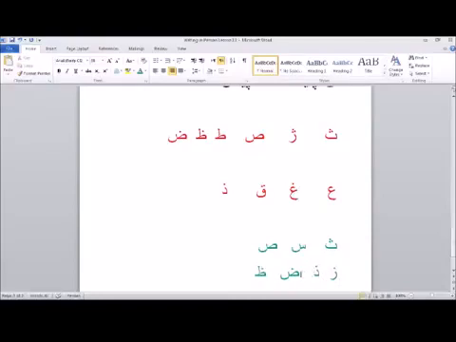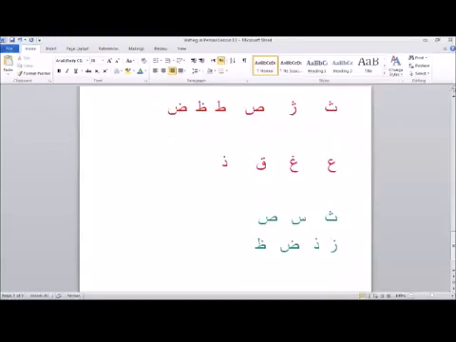Some words have this, but very few words with this, unless those that we have borrowed from Arabic. And finally we have t, which is very frequently used in Persian, and we have also a ta. Let me put them in brackets. These three have the same sound as s.